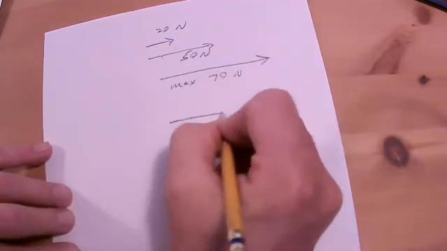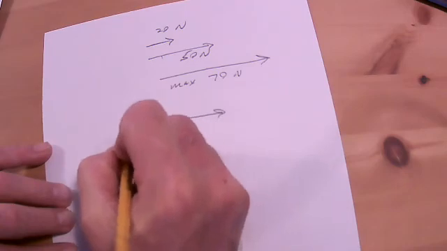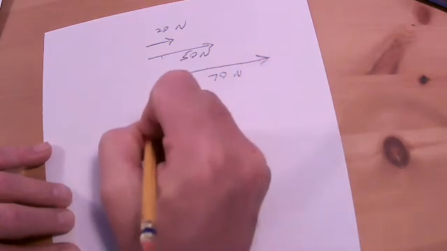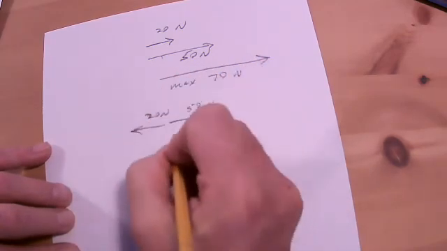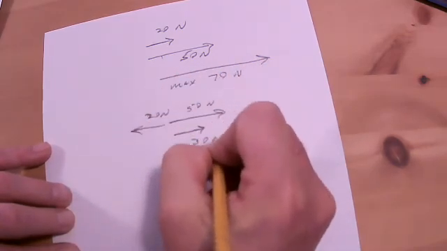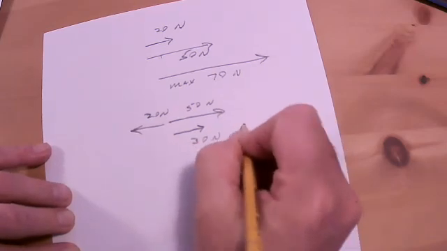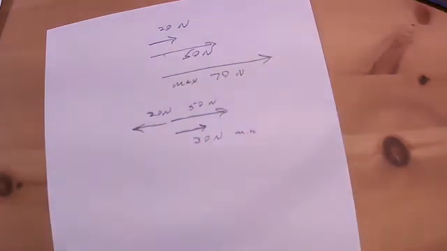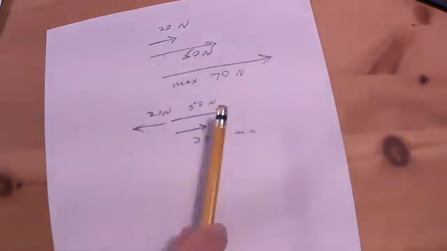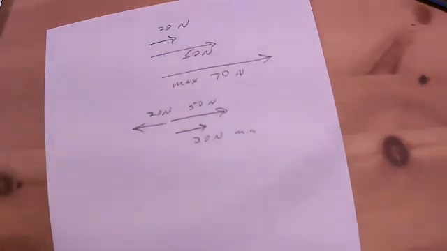The minimum is if they were acting in opposite directions. That would yield one of 30. That's the minimum. They cannot have a magnitude of 24, letter A. They can have any value between 30 and 70, inclusive, depending on the angle between them, but they can never be 24.